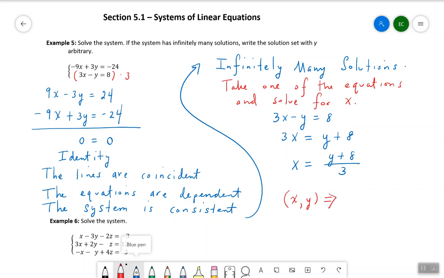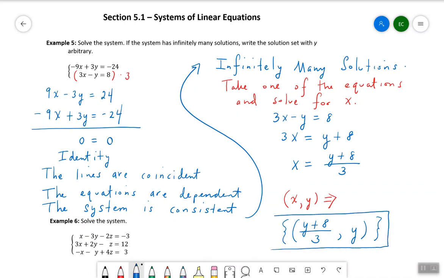And in this case, the value of x we just found is y plus 8 over 3, where y is any real number. So what we've written here is the set of all ordered pairs, x comma y, such that y is any real number and x is y plus 8 over 3.